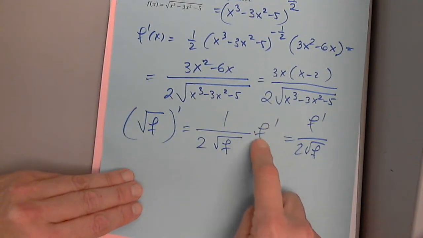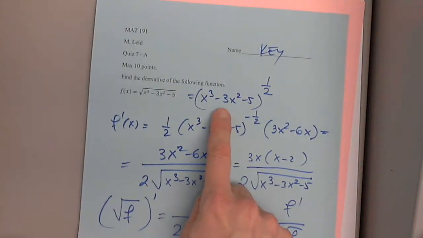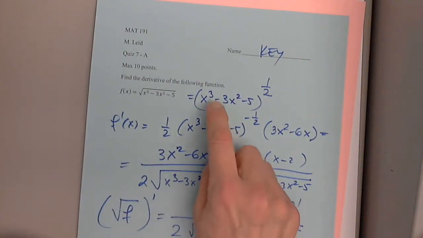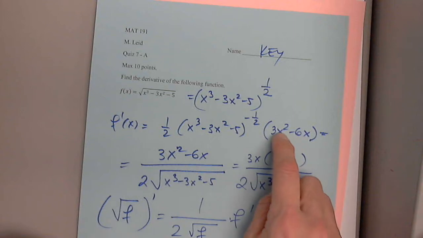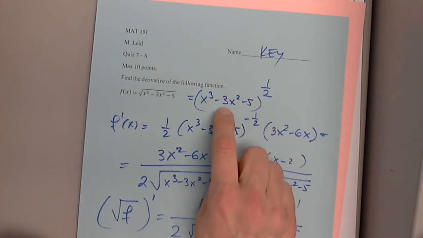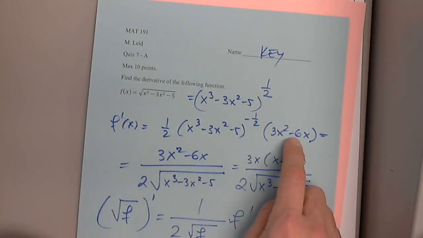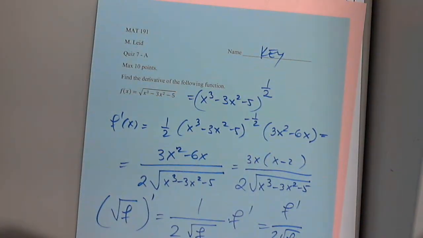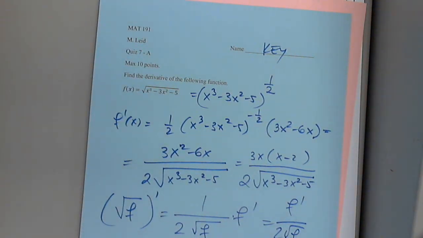How do you know that's 6x? Because I bring down the power, I subtract 1 from the power. I bring down the power, multiply by 3, I get 6, and subtract 1 from the power. These are the only rules we have. We don't have anything else: the power rule, the quotient rule, the product rule, and the chain rule. We don't have anything else available.